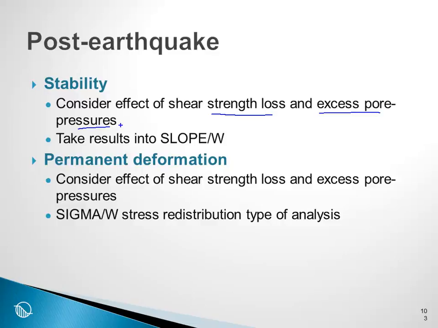And then we want to take the results into SIGMA/W to look at permanent deformations, once again taking into account the effect of the shear strength loss and the excess pore pressure in a SIGMA/W stress redistribution type of analysis.